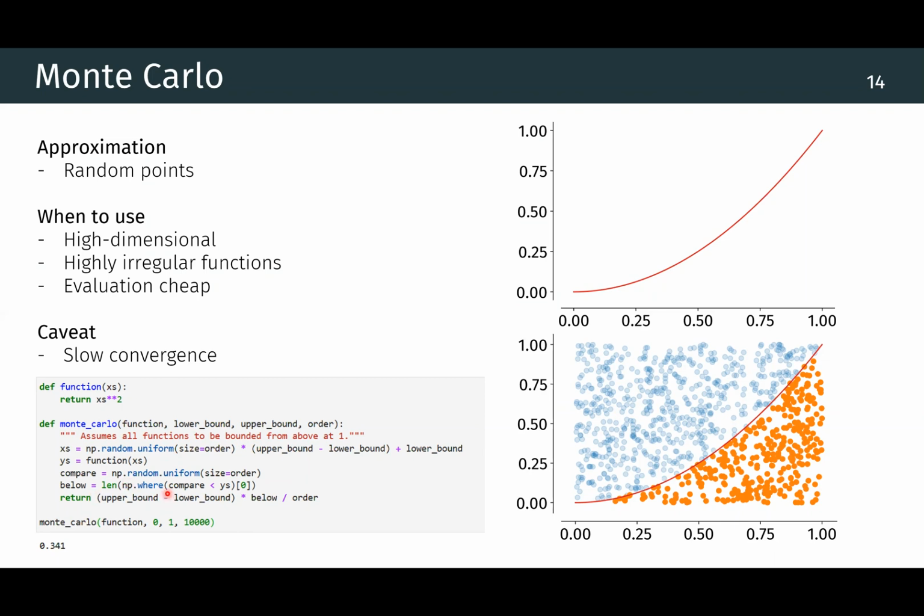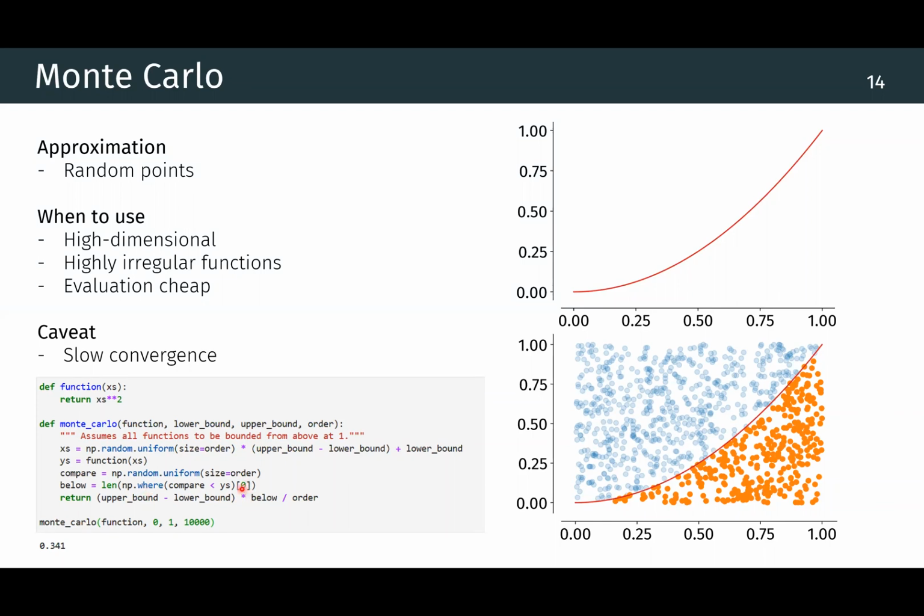So NumPy where gives us a list of indices, a list of indices where a certain condition is satisfied. Compare is one vector, ys is the other. This is an element-wise comparison because in NumPy, unless specified otherwise, everything is element-wise. So this gives a long list of either true or false, and NumPy where gives us all the truths.